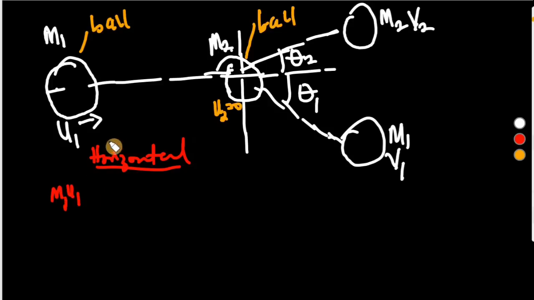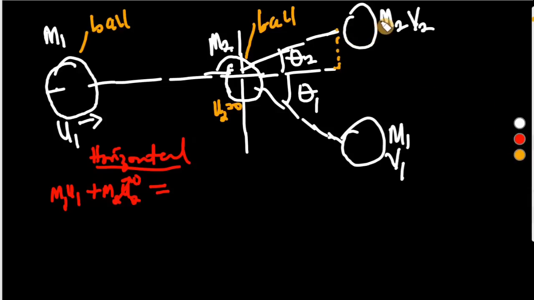Once it meets body 2, we have the momentum for body 2, which is m2u2, and of course this is 0 because it's stationary. So this equals the final momentum, and we are considering the horizontal part of the motion.